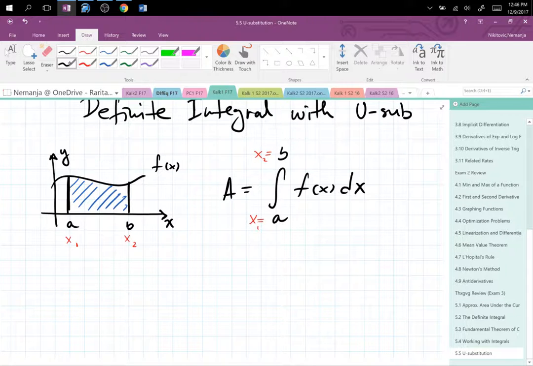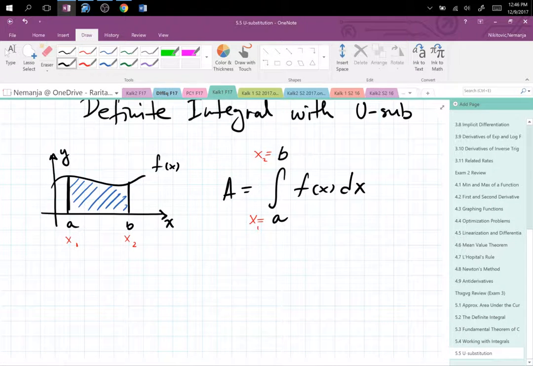Once you swap your limits from x to u, your integral and your limits are in terms of u, you just compute, and you get a number. There's no function at the end plus c. This is a definite integral. So there is actually less work with these, but you have to change the limits from x equals a and x equals b into u equals the new values.